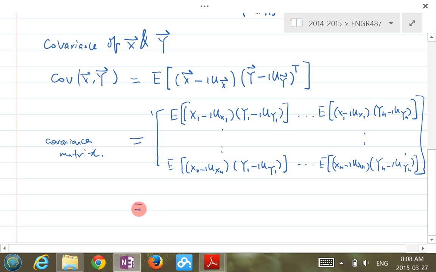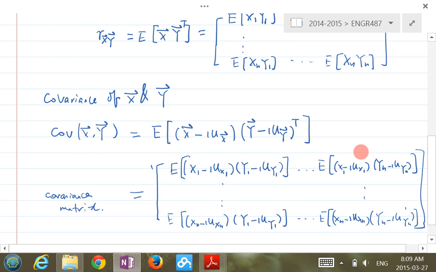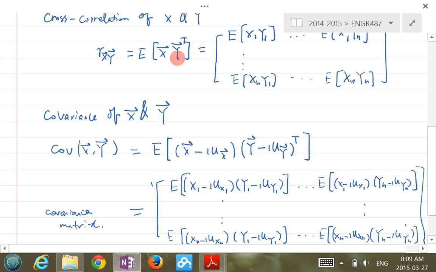This matrix can also be written in a similar, more compact format: the expected value of x y transpose minus mu x mu y transpose. Next, let's look at a special case.